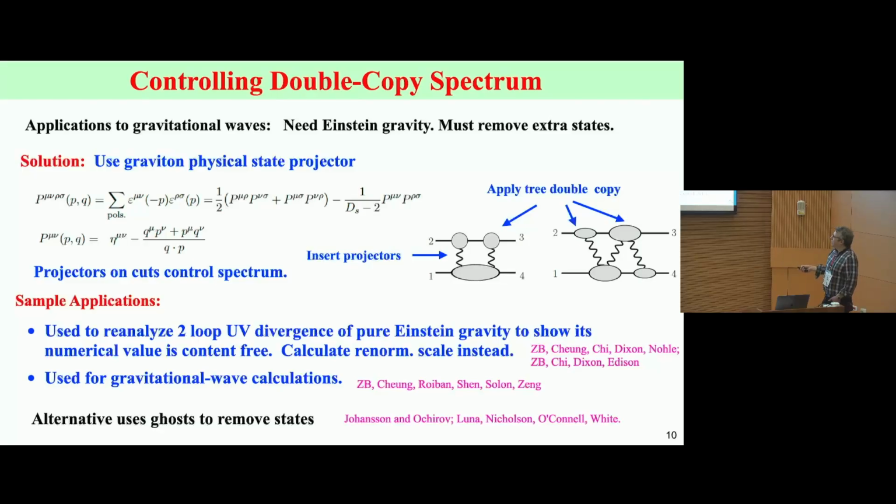It's also been used, this idea was used earlier to reanalyze two-loop ultraviolet divergences of pure Einstein gravity to show, it should have said its divergence. The numerical value of the divergence is actually content-free. You might think a divergence means it diverges. That is actually not true.